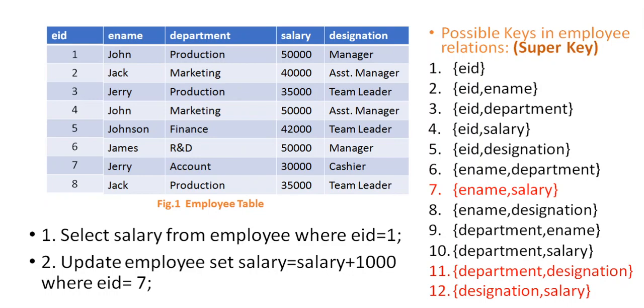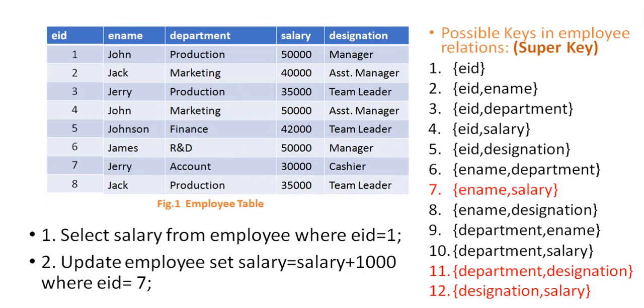Okay, so now I think you know how to find out the combinations of keys. Whenever we want to find out the key for any table, first we need to find out whether that key, or that set, is able to identify all the rows uniquely.